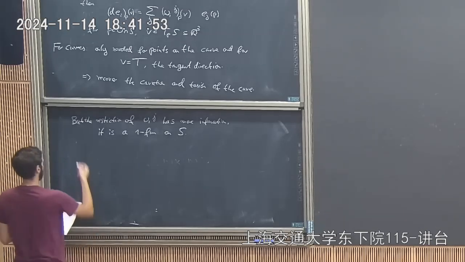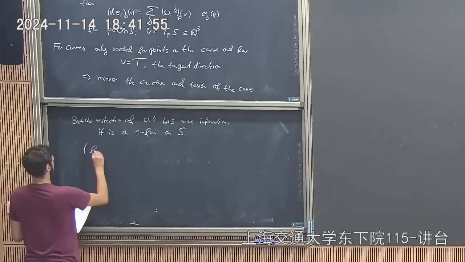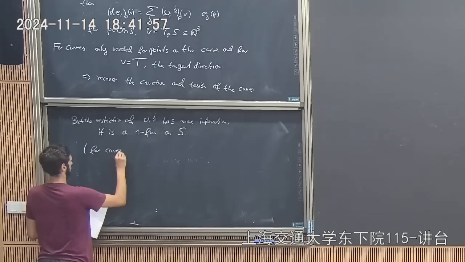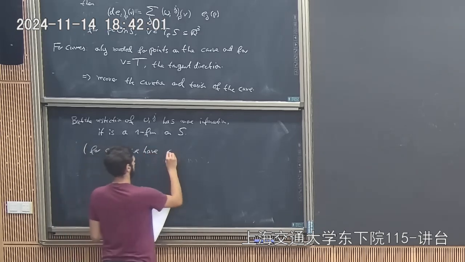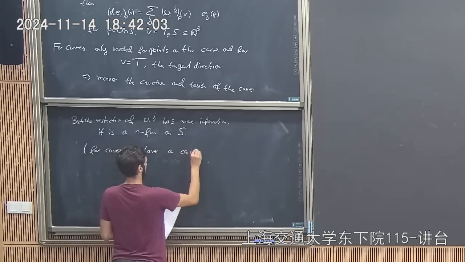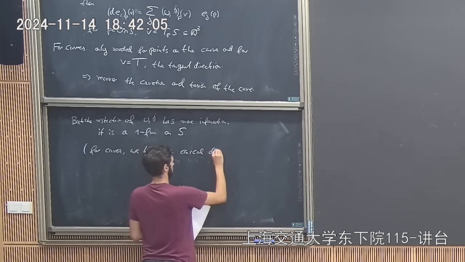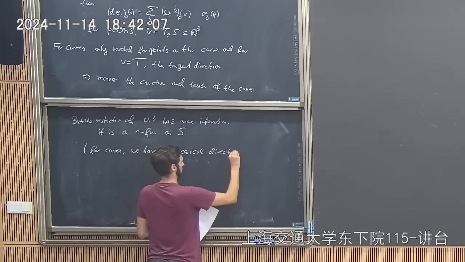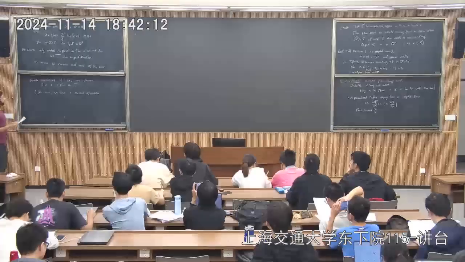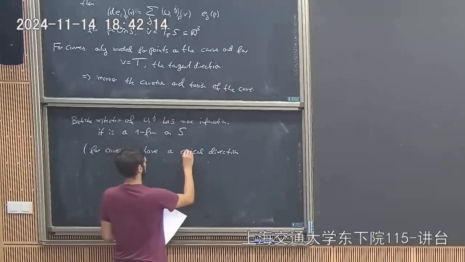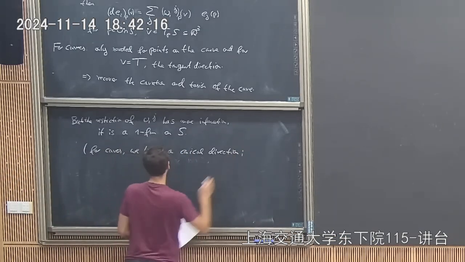So the problem here is that for curves we have a canonical direction, namely the direction where the curve is going. So that's a canonical direction.